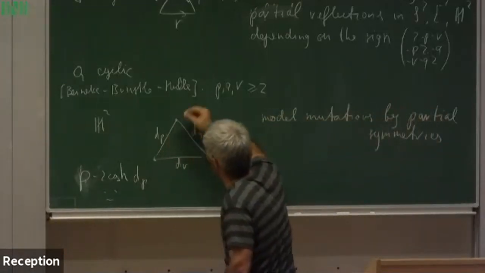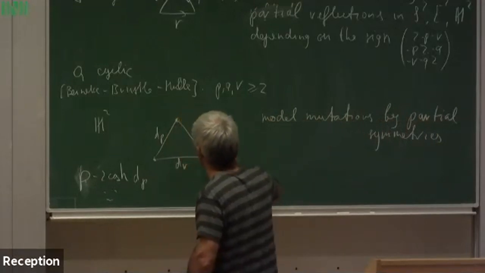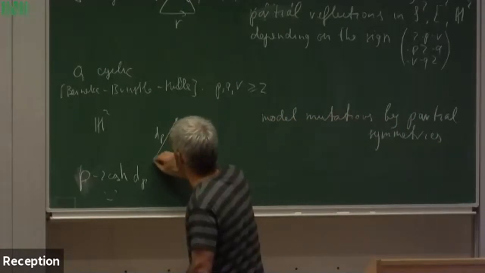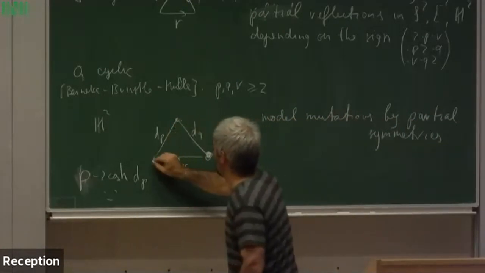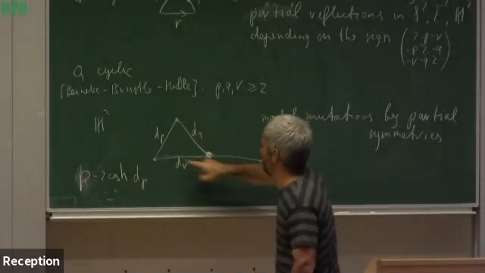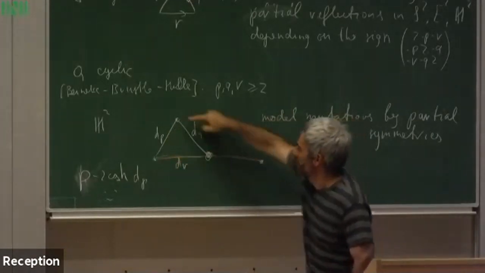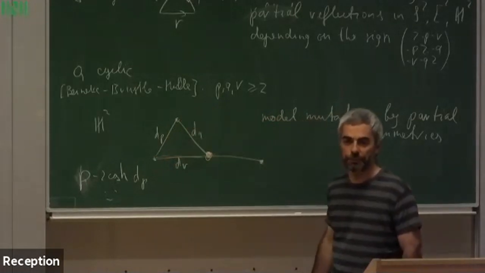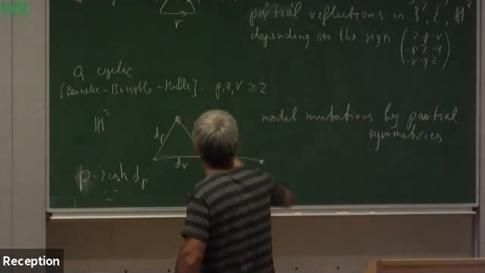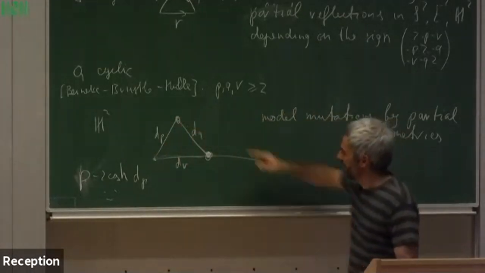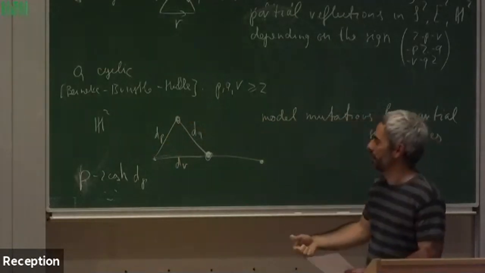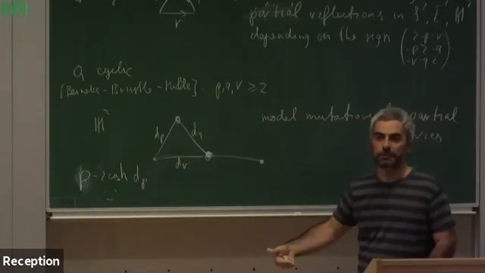For example, if we mutate in this vertex, we take this point and take a line and take a central symmetry of this point with respect to this line, and this with respect. This triple of points, that triple of points. And then these numbers will be precisely the entries of the mutated matrix.